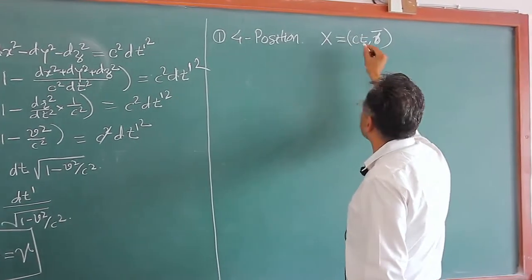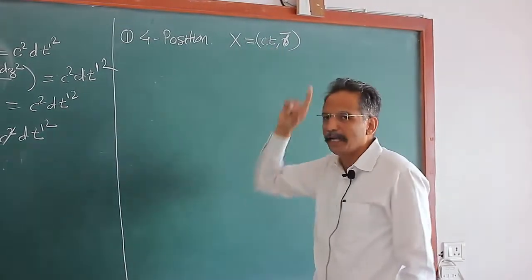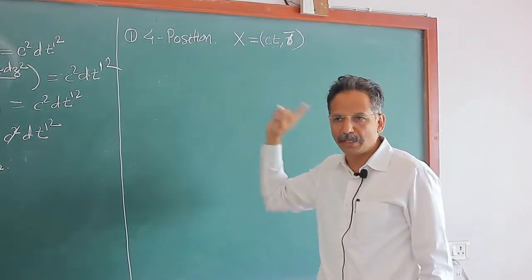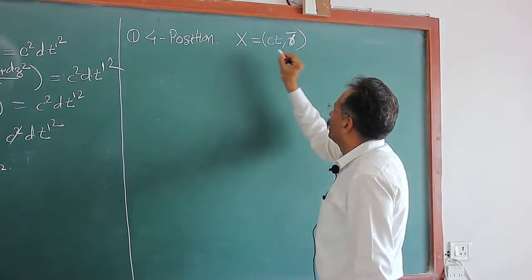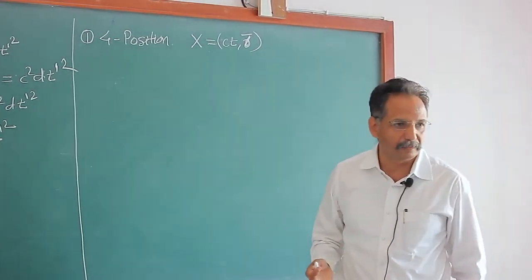This represents 4 quantities like ct, x, y and z. So I am using a compact form to write that. Then by differentiating this position, we can obtain velocity.